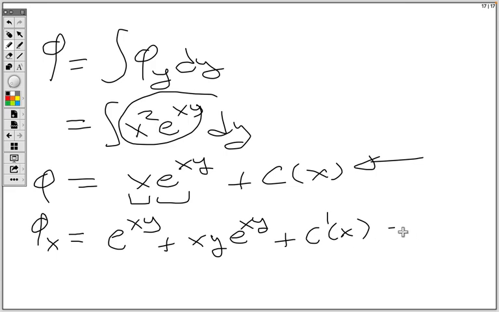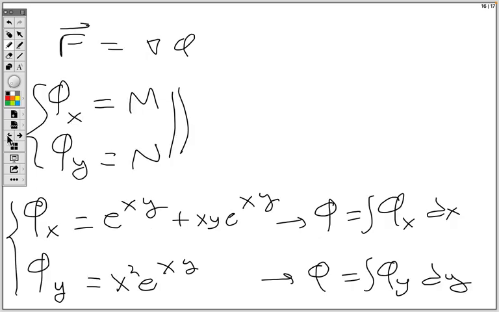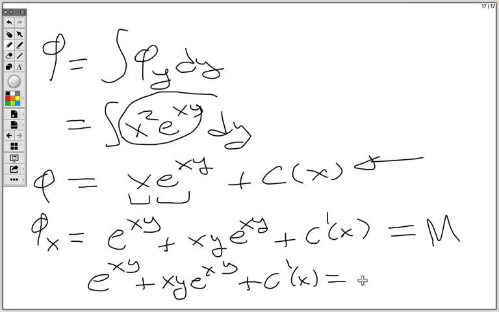And now I'm going to match this up with the x component of the field. So I get e to the xy plus xy e to the xy plus c prime of x equals the x component, e to the xy plus xy e to the xy.